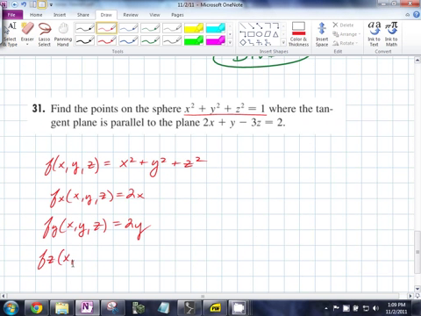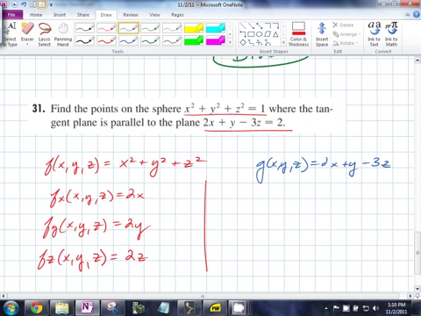X, Y, Z. What's that going to be equal to? 2z. Okay, we did those partials. What do you want to do now? Make it a gradient. Okay, we can. Well, we can see the gradient vector, but what do you want to do to this one? How about we call this one g of x, y, z is equal to 2x plus y minus 3z.